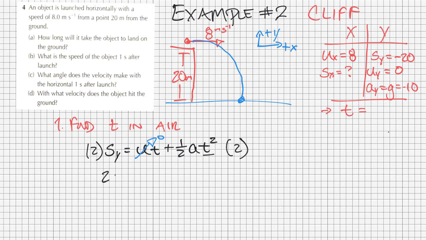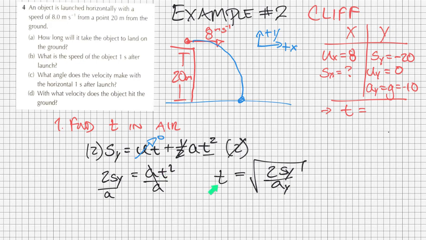That's going to give me 2sy equals at squared, because that 2 cancels out with that 1/2. I'm then going to divide by a on each side. It's going to cancel out the a there, and I'm going to write it as this. And t equals 2sy over a y and square root. Because it's t squared, we need to just find t. So I'm going to square root that.